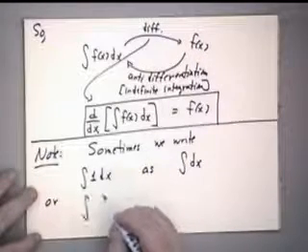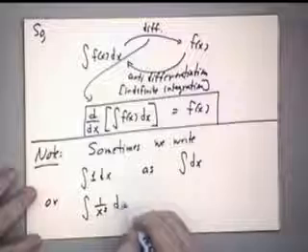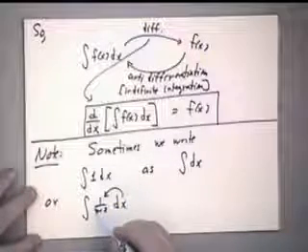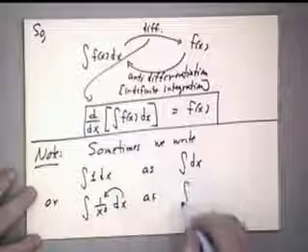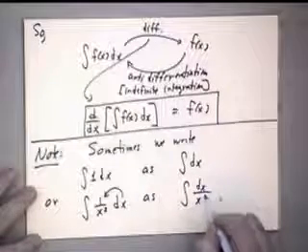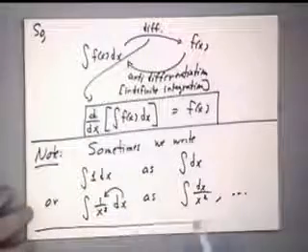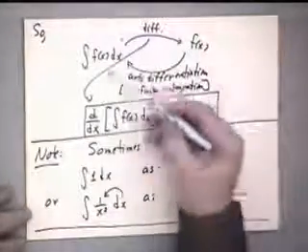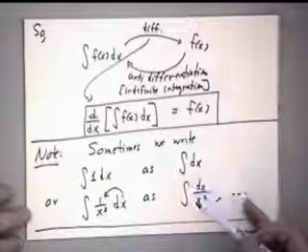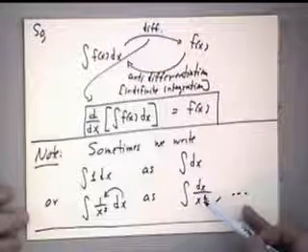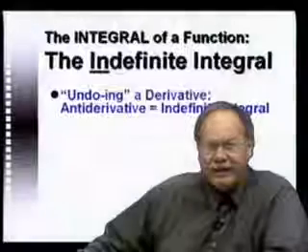Or, if you have a function in there, like 1 over x squared dx, sometimes people like to put the dx as part of the expression, and they'll write it as the integral of dx over x squared, and so on. So those are just variations on how this notation for the indefinite integral is used. And just be aware of those. There's nothing important about them. It's just that you will see them in practice and you should be aware of what they mean.